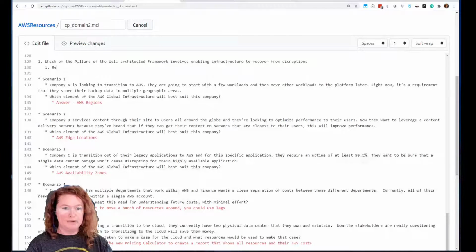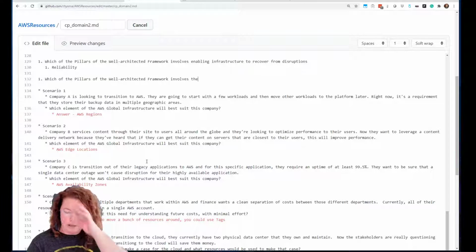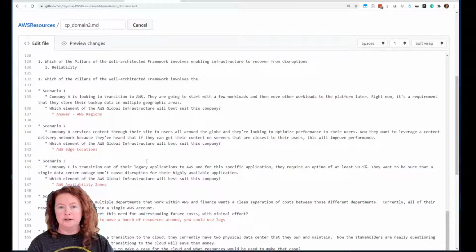And that is reliability. And then, which one involves using resources efficiently to achieve business value?